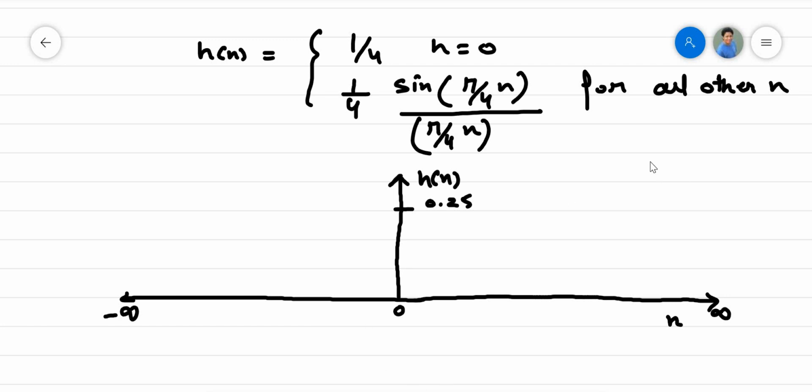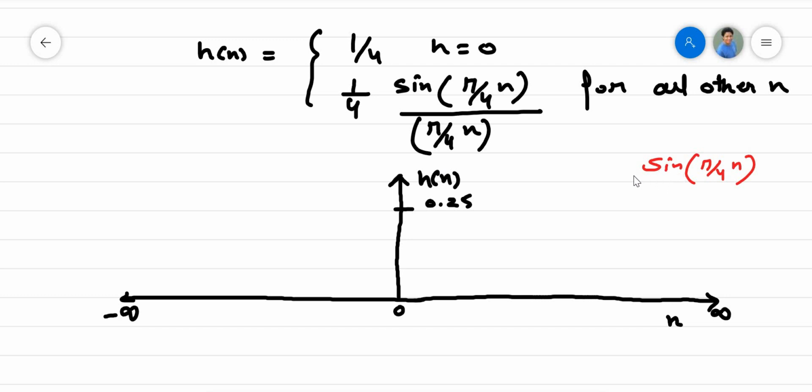I'll write it like this: sine pi by 4 n will decide when this function will go to 0 and negative, because this pi by 4 n will be positive and then the negative will come out to be positive again. So for one cycle it will remain positive, for another cycle it will remain negative, and it goes on like that.